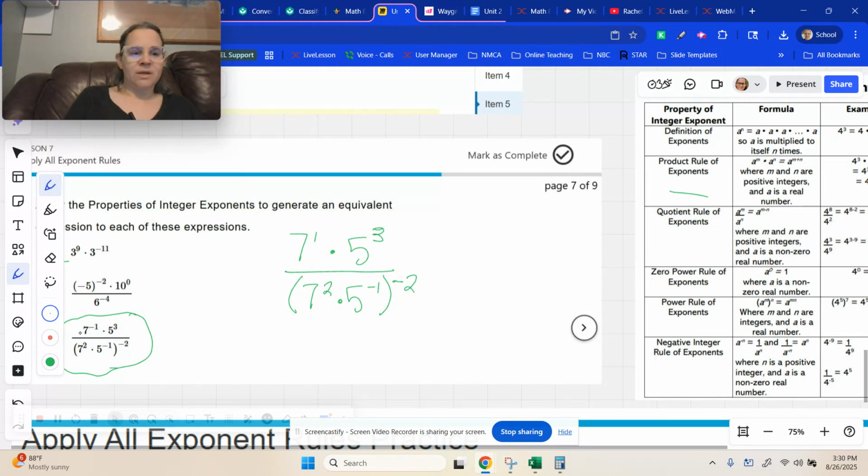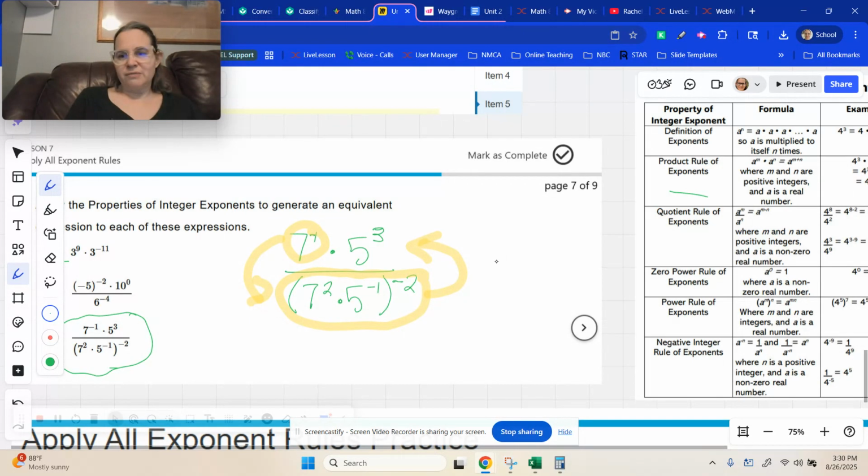All right. And then I just realized I forgot something. There is a negative in front of this. It's 7 to the negative first power. So let's kind of use this upstairs downstairs thing. This is going to move downstairs. Once I do it, the power will become positive. This whole thing is moving upstairs. All right. So here we go.